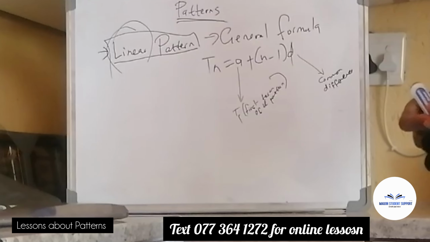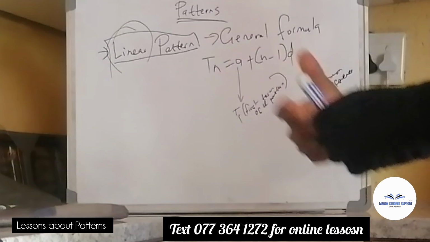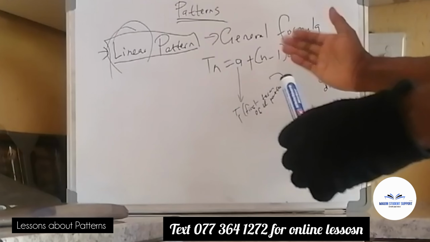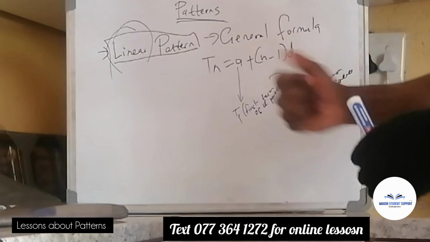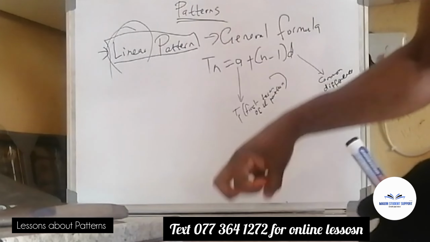So once they say find the general formula, you need to use your knowledge of finding the common difference, and then identify term 1. After that, you substitute your values.